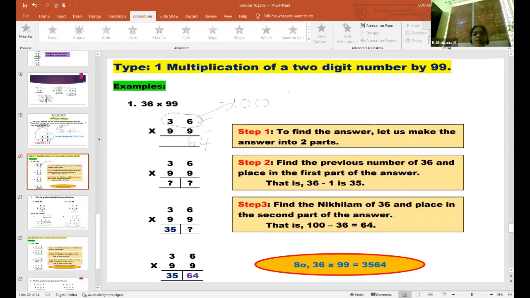That would be the first part of the answer. And what is one less than 36? 35. So 3,564 is the answer to this problem. See, that's given here. Understood, teachers?